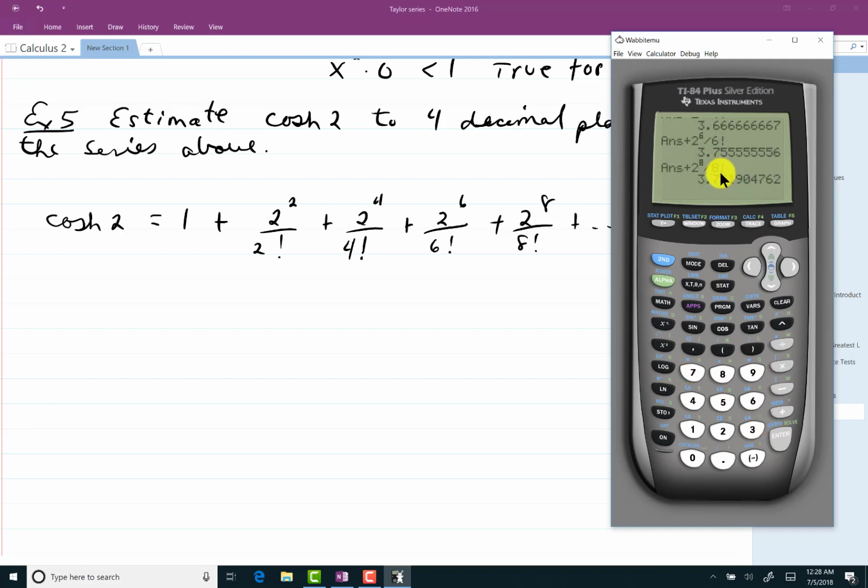Okay. It looks like I got about 1 decimal place lined up right now. So I'll keep going. Remember, these are only even powers, so I'll have 2 to the 10th divided by 10 factorial. So 3.76, 2 places feels all right. Let me then add 2 to the 12th over 12 factorial.